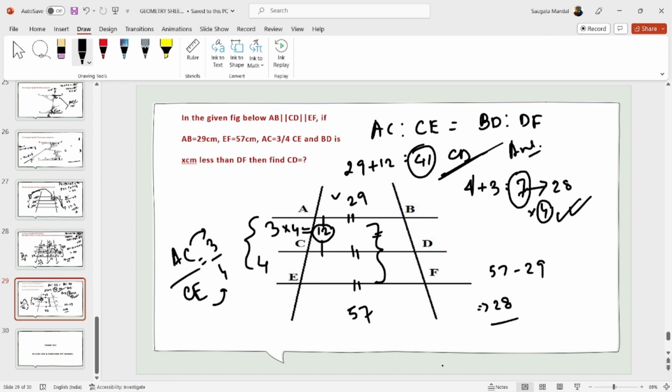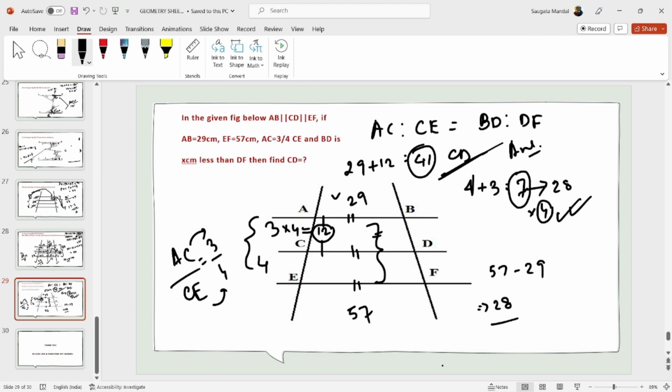And you can see again the concept of this figure. Look in the given figure, AB is parallel to CD parallel to EF, and the values are given. Here AC is 3 and CE is 4 and AB is 29 and EF is 57. Then the gap between AE is equal to the gap between AB and EF.